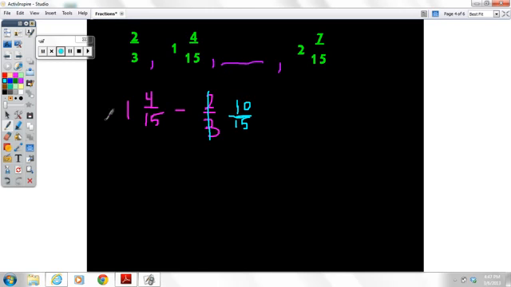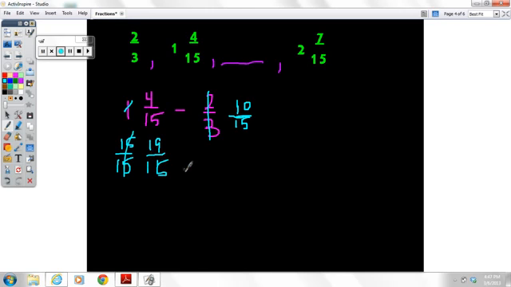But the value of it still needs to equal 1 4/15. So I'm going to take 1 away, and I'm going to rename it 15/15. But 15/15 is only equal to 1. We need to add the 4/15 onto the 15/15, and we're going to rename 1 4/15 as 19/15.